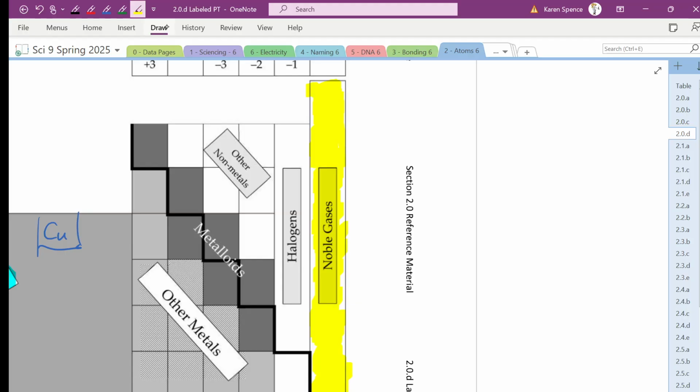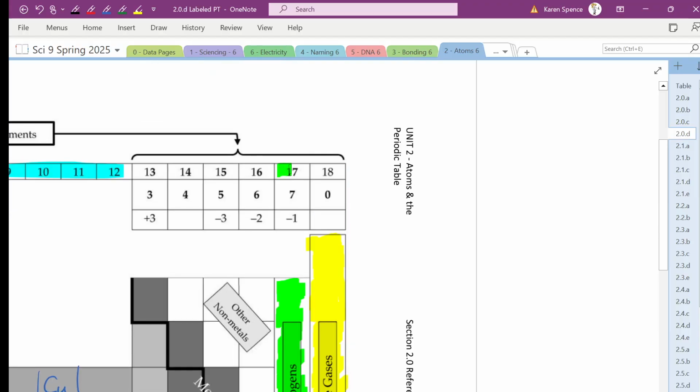And then finally, our last single vertical column is the halogens. Those are group 17, so 17 is the halogens, and 18 is the noble gases.